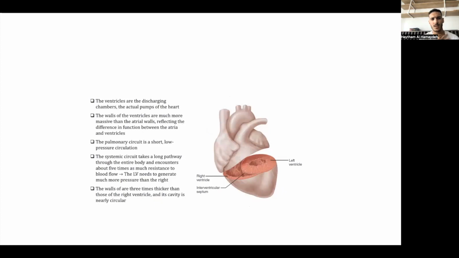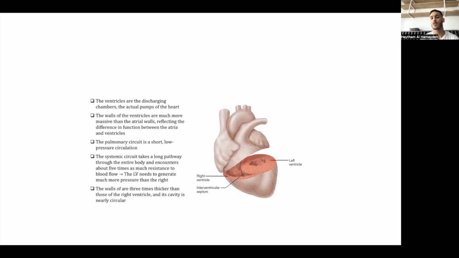Yes, so the walls of the ventricles are much more dense and stronger than the walls of the atria. The thickest of all of the walls is the left ventricle, because it pushes blood directly to the systemic circuit, which has a lot of resistance compared to the pulmonary circuit, which takes blood to the lungs and is served by the right ventricle.